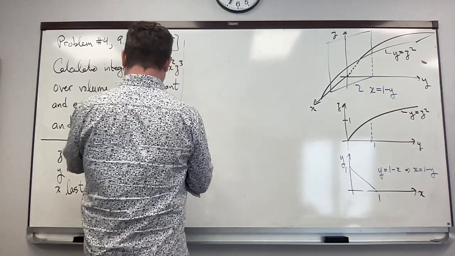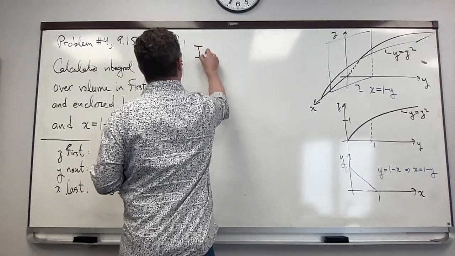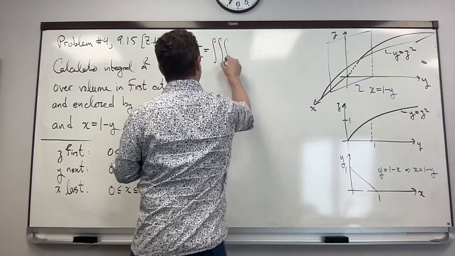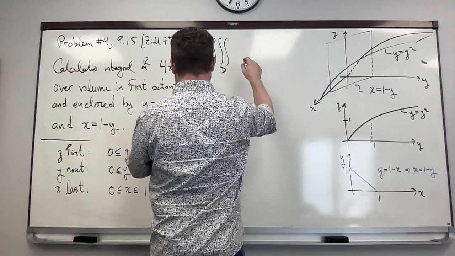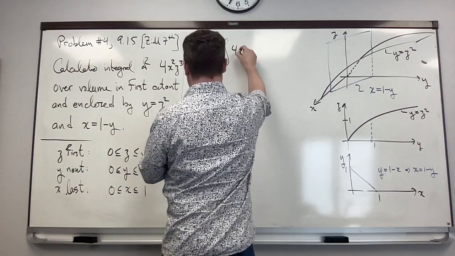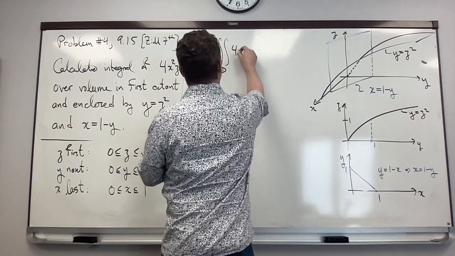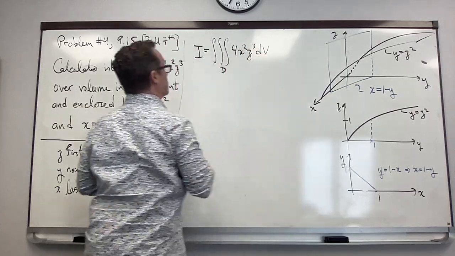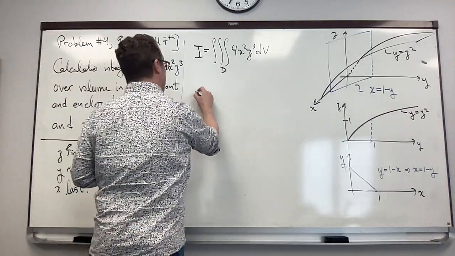Okay, so our integral, I'm just going to call it I. So I is the triple integral. I'll write it formally first. Now we've got our limits here.